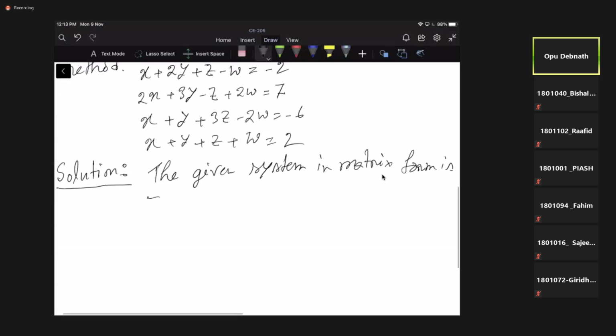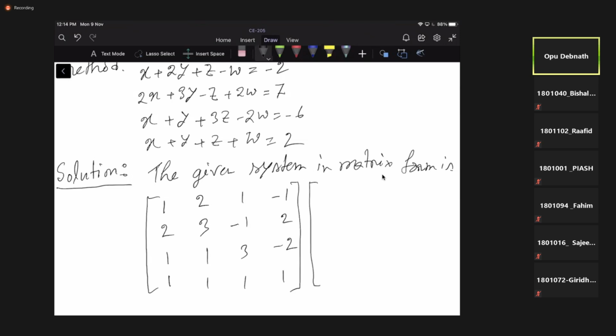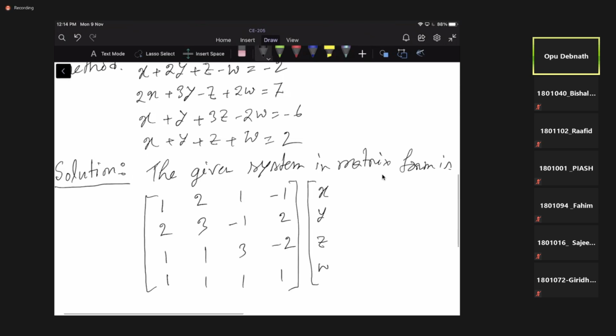What will be the matrix form? 1 2 1 1, 2 3 1 1, and then 1 minus 1 3 1 minus 1 2 minus 2, times x y z.